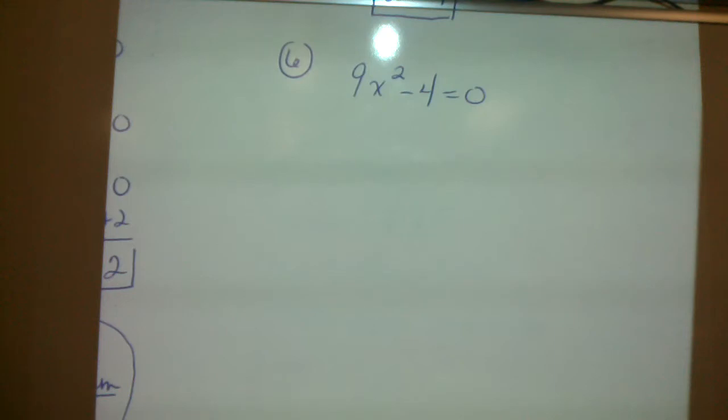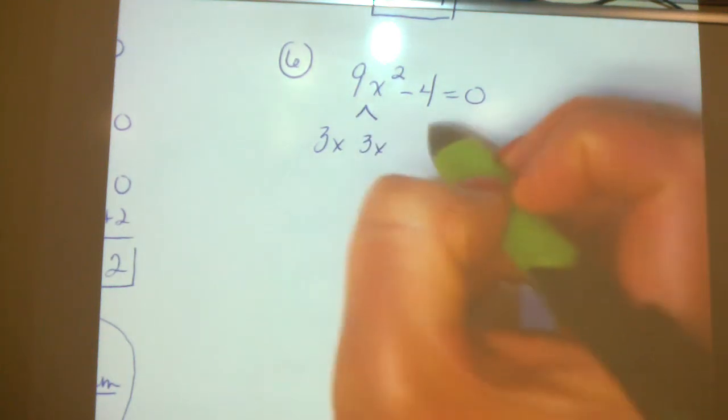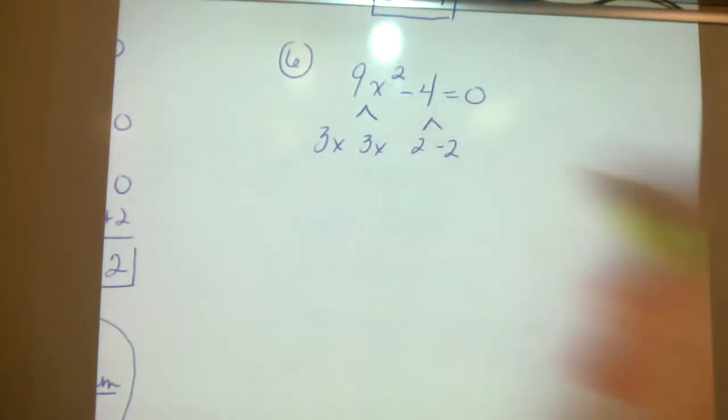All right, first thing I'm looking for is a GCF. I don't see it. The next thing I'm looking to see is how many terms there are. There are 2 terms. So difference of squares, let's try it. Hopefully both of these are perfect squares. Yep. I've got 3x and 3x, 2 and negative 2.